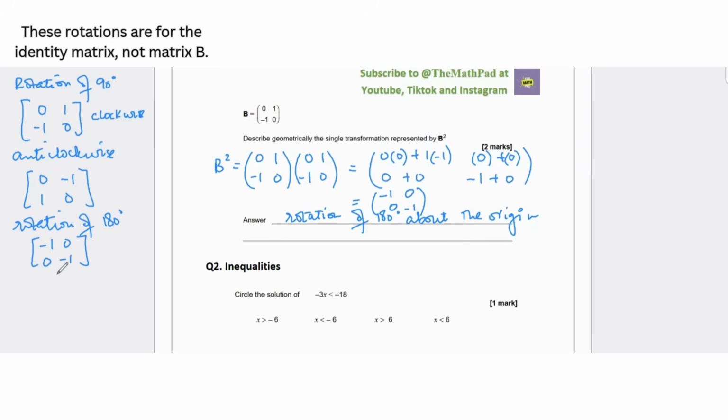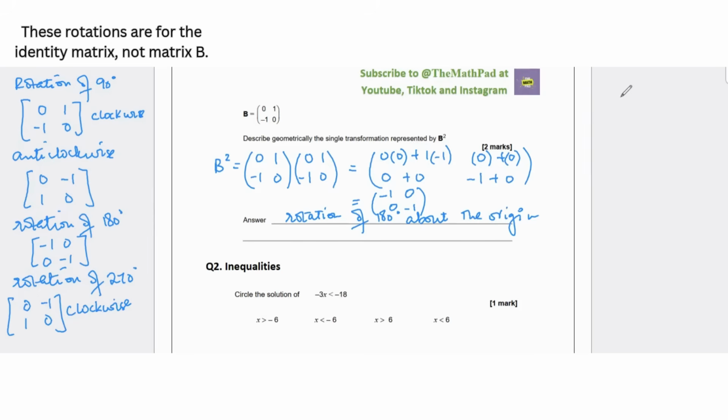If it's a rotation of 270, that's 0, negative 1, 1, 0. This is clockwise.